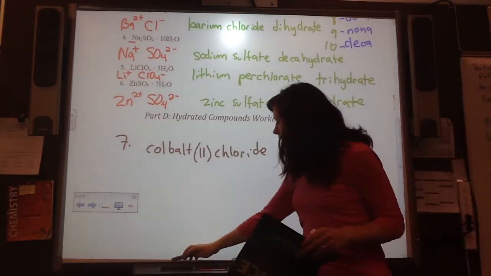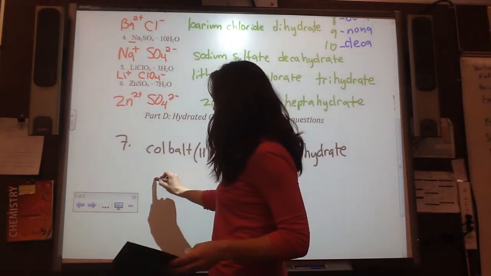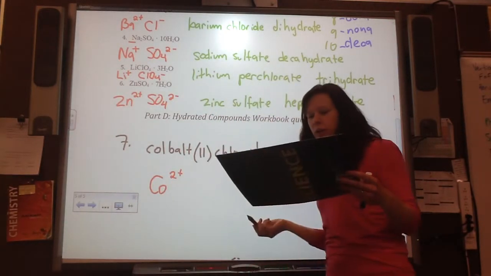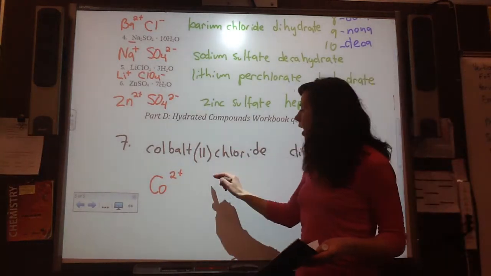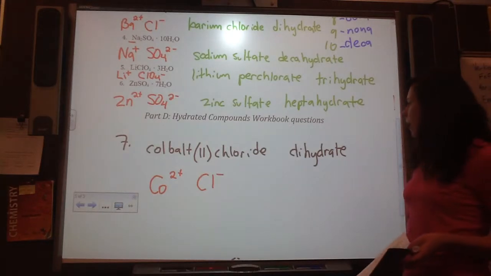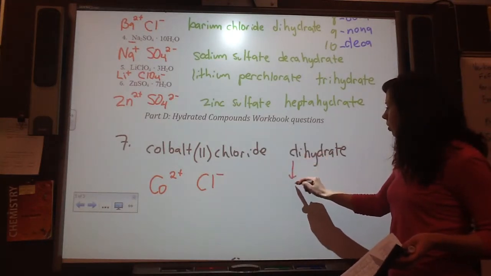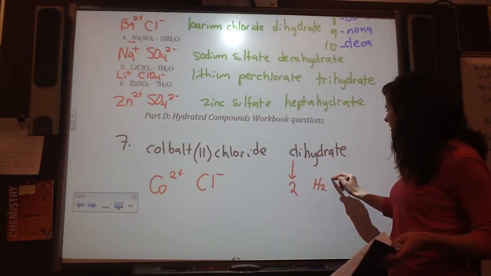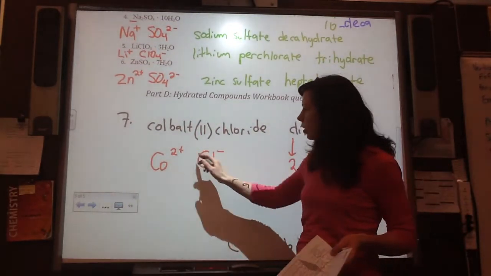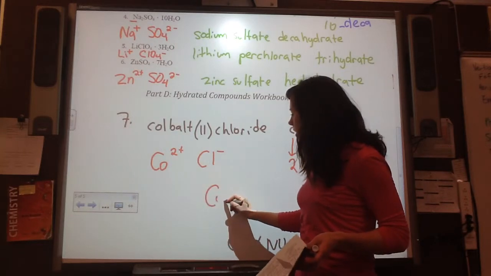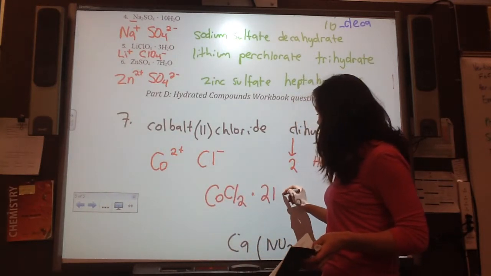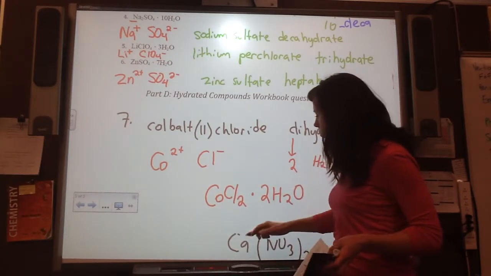Okay, so cobalt. It specifically told us cobalt 2 because cobalt has more than one option. And chloride, there's only ever one option for that. And di means 2, and then the hydrate. So when we put this into a compound, I'd crisscross, and I get CoCl2 dot 2H2O.